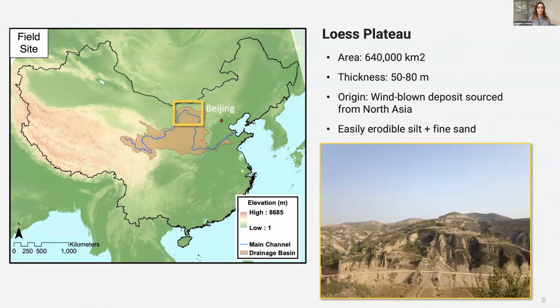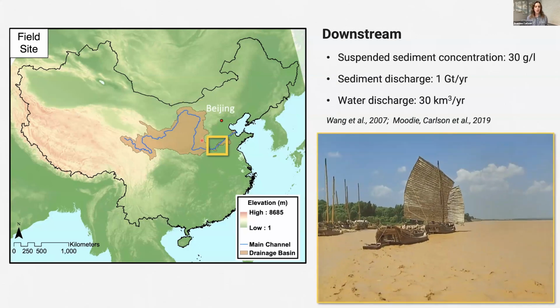In its mid-reaches, the Yellow River passes through the Loess Plateau, which is a thick deposit of windblown, mostly silt and fine sand. So this is really easily erodible material. The Yellow River picks it up and transports this material downstream. We've measured suspended sediment concentrations of up to 30 grams per liter on the lower Yellow River.